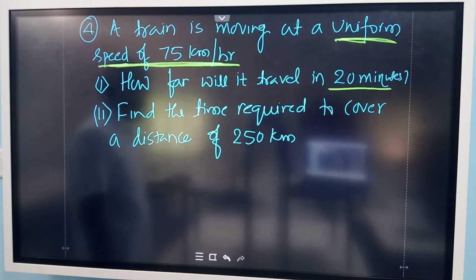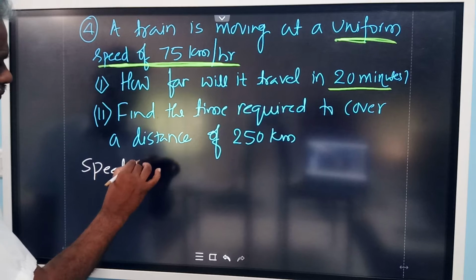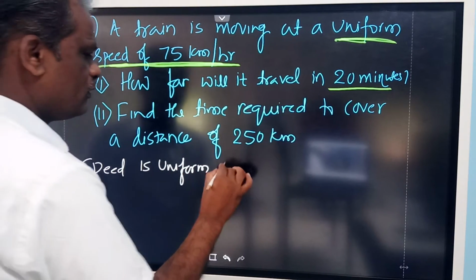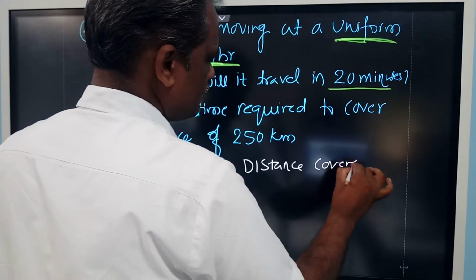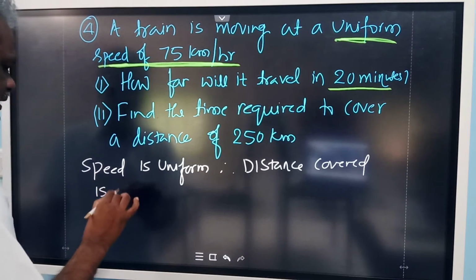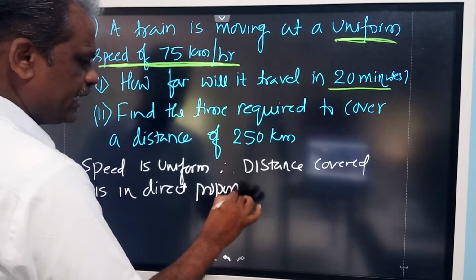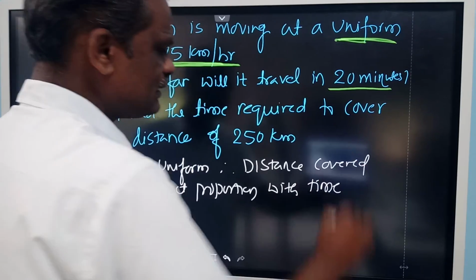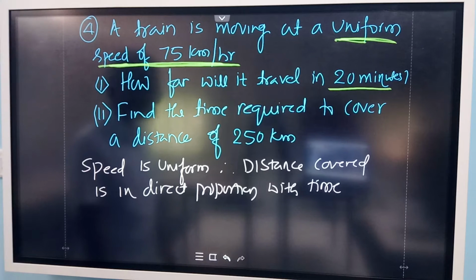So you can write, since the speed is uniform, therefore distance covered is in direct proportion with the time. If the time increases, the distance covered also increases. If the distance covered is more, then the time also must be more. So they are in direct proportion.